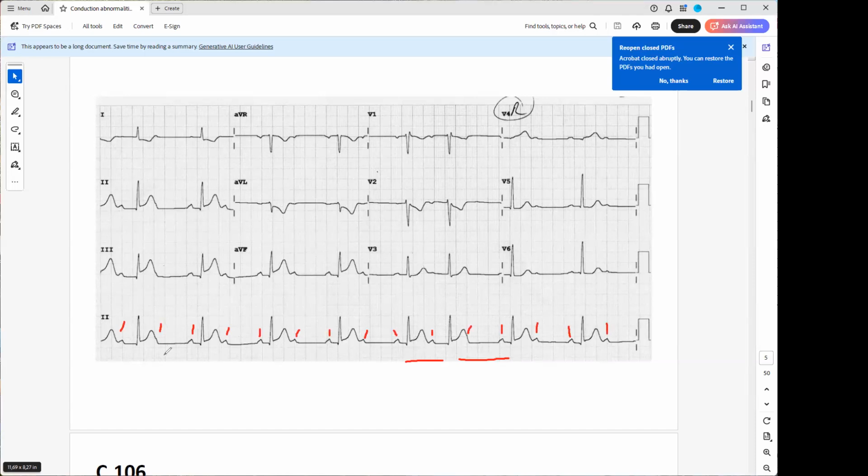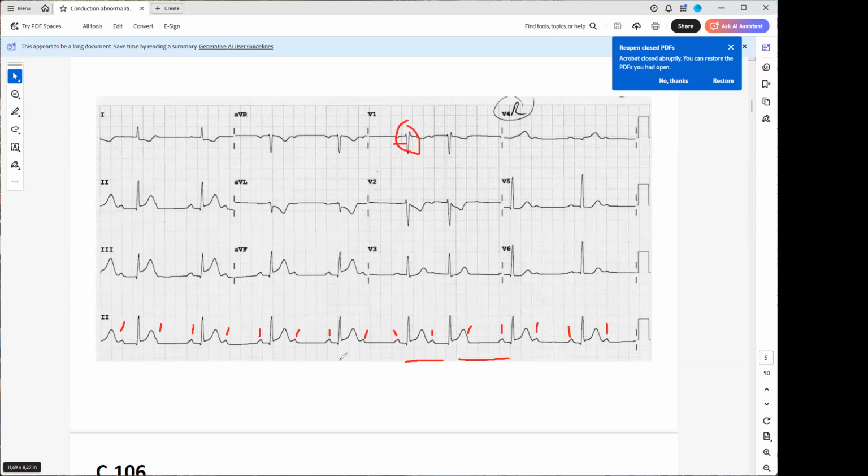But also, if we look at V1 and V2 leads, we can see that they're negative, which points to WPW type B. No, no. For diagnosing WPW, the PR should be short, and this PR is not short for sure. Okay, so it's not. And in V1, this RSR pattern can be normal, or a little r, that can be normal. That's completely normal.